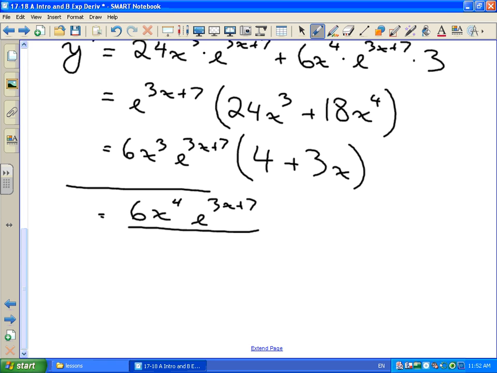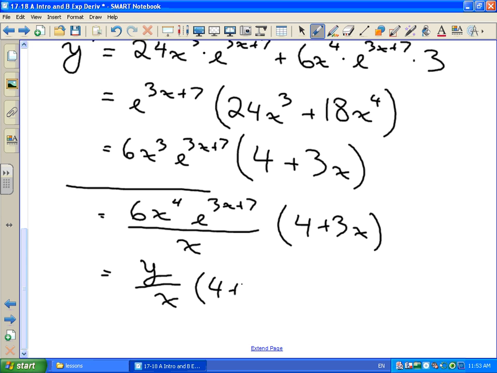But if I've multiplied that by x, I also have to divide it by x. So those two x's, when I did that division, would give me the x cubed back. And this would still be times 4 plus 3x. So this thing up here in the numerator is my y. So this would be y over x times 4 plus 3x.